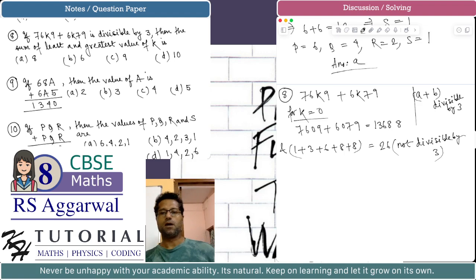So for k equals 0, whatever result we get after adding the two terms is not divisible by 3.